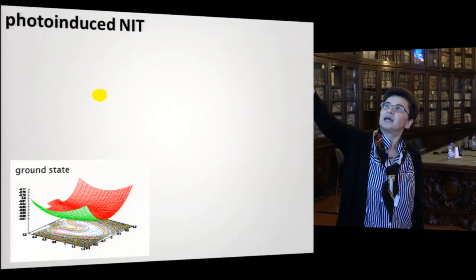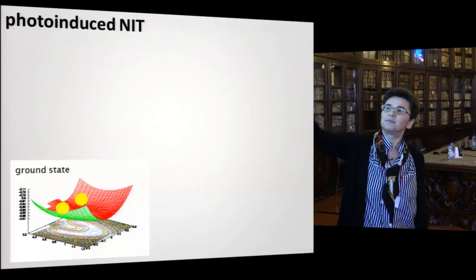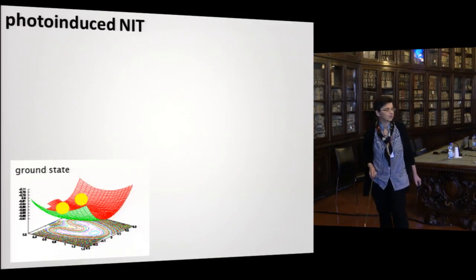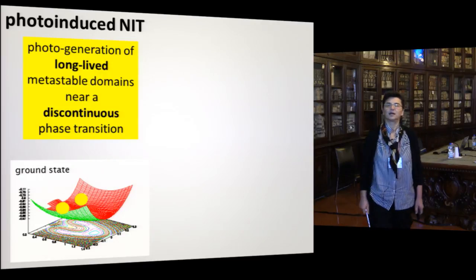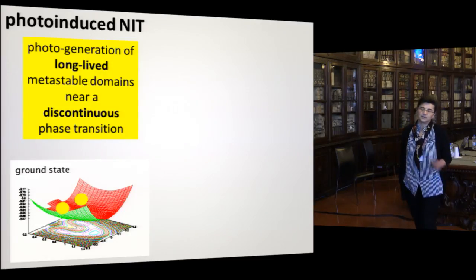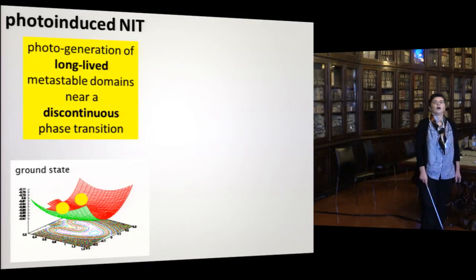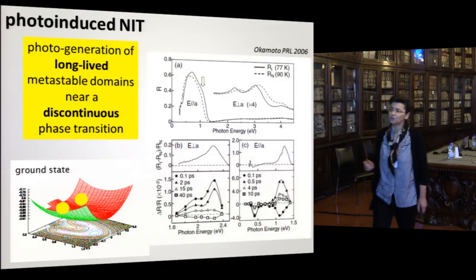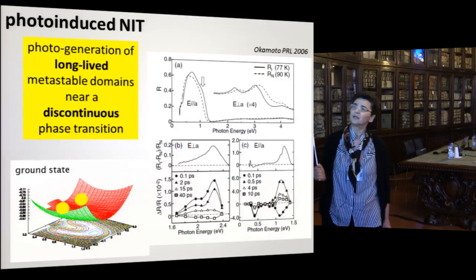We excite our system, and once the system is excited, maybe it can go to populate a metastable state, this long-lived metastable state that is the signature of this photo-induced phase transition. Of course, I will not go into any detail here.